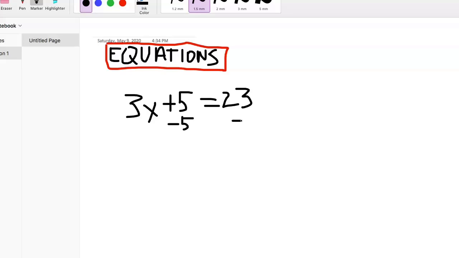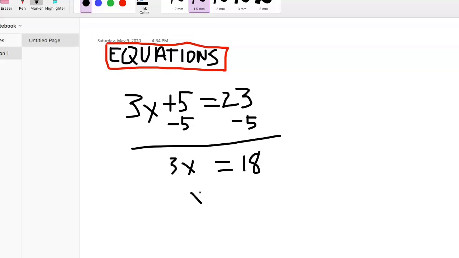Remember, what you do to one side, you have to do to the other. We get 3x left over on the left side equals 18. Then from here we'll just divide each side by 3. 18 divided by 3 is 6. We have x equals 6, and that's our answer.